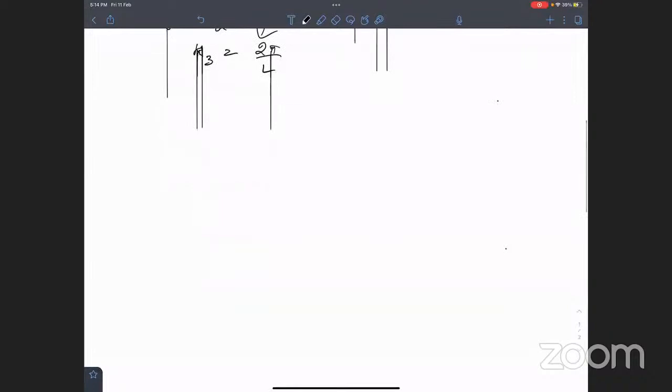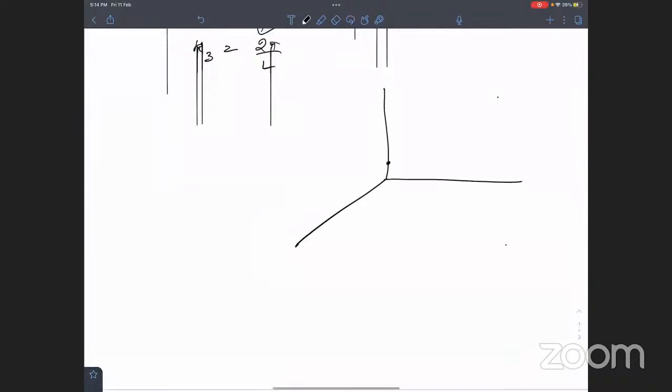And so how will we draw the kx, ky for the one-dimensional case? There the kz values will be like this. The distance between them will be 2 pi by L. So imagine a long wire like this, right?